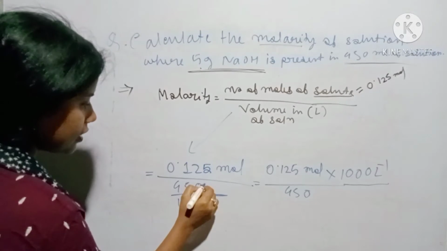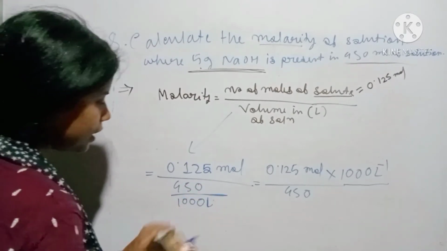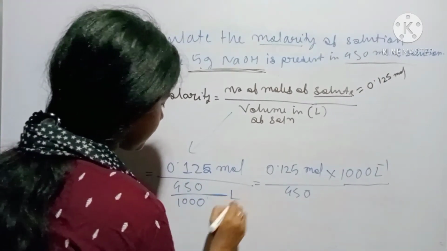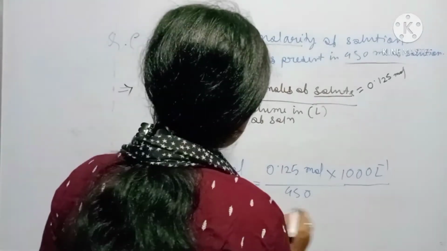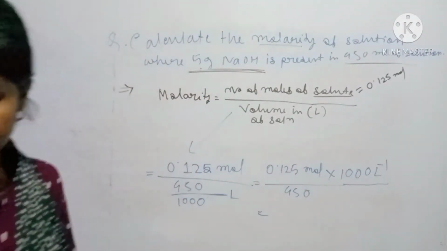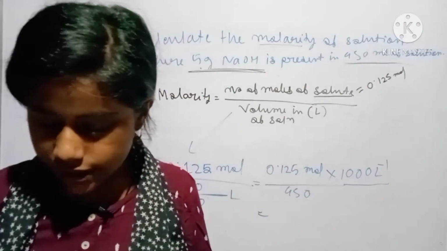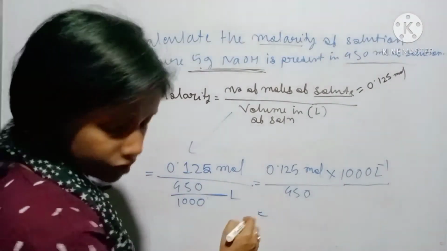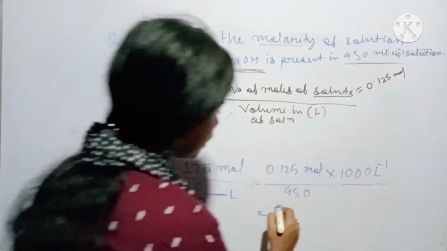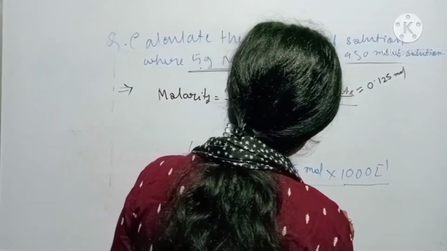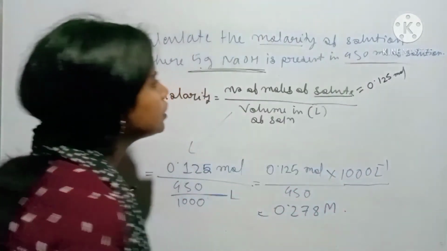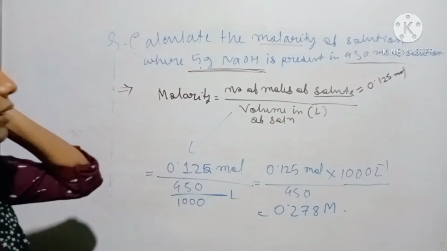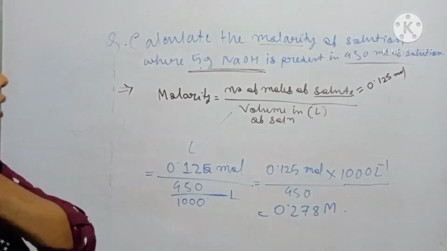The unit is mole per liter. If we calculate this, we get the value around 0.278 molarity.